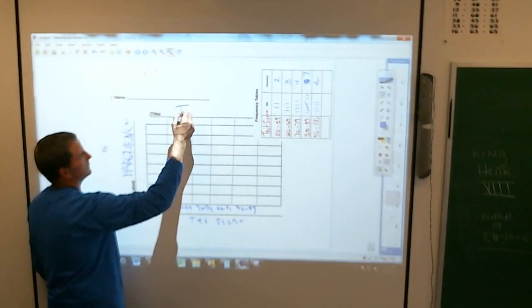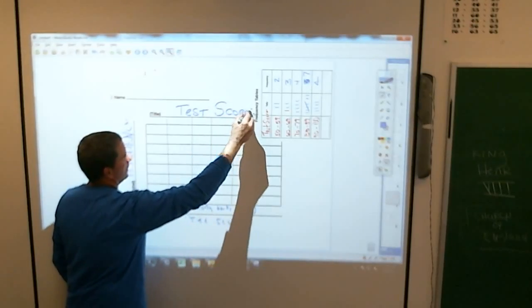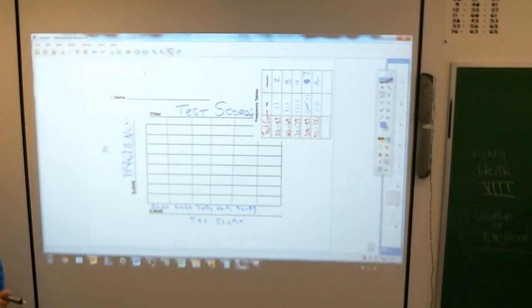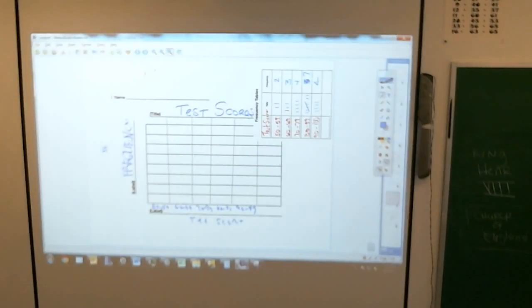Title, test scores. And then I will let you color in yours, and we'll see if yours looks like mine-ish.